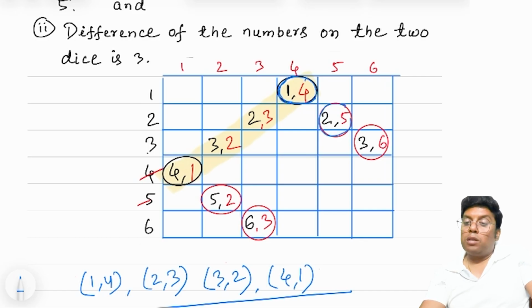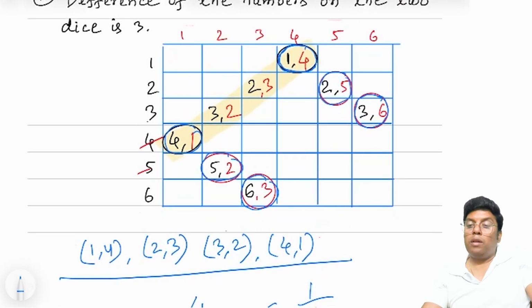Similarly, if 2 appears on the first dice and 5 on the second, the difference will be 3. If 3 appears on the first and 6 on the second, the difference will be 3. If 4 appears on the first dice and 1 on the second, the difference will be 3. And 5 on the first and 2 on the second, and 6 on the first and 3 on the second, the difference will be 3. So the number of favorable outcomes will be 1, 2, 3, 4, 5, 6.